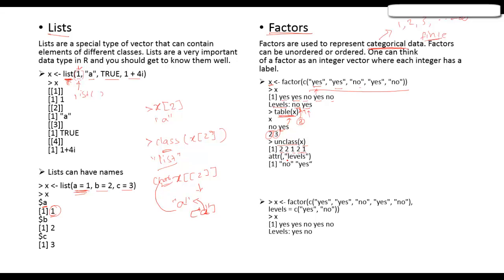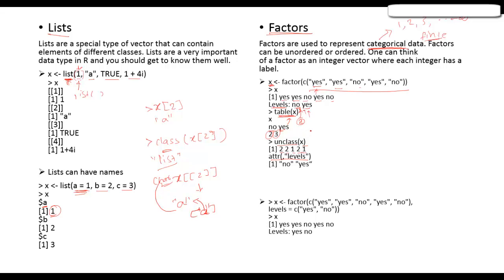Okay, fine. Now again, attributes. What attributes will this x have? We have already discussed that x has labels. Again, x will have length, and class, and class is itself a factor.